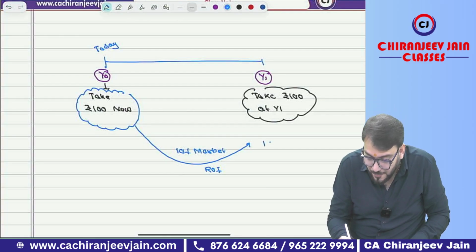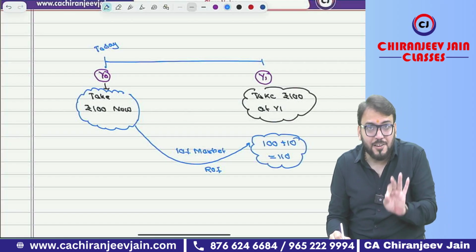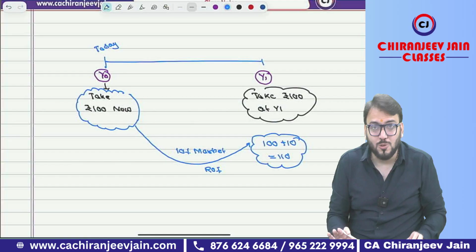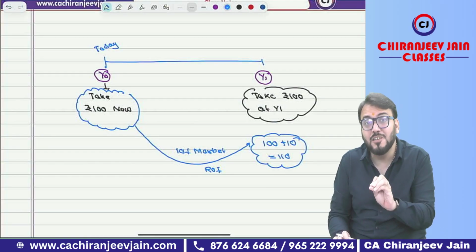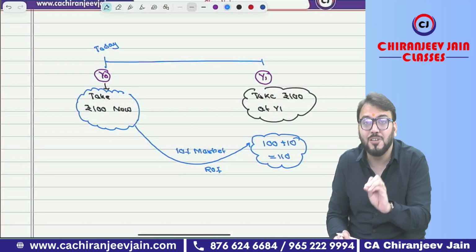So after 1 year the value will become 100 plus 10, that is 110. It means either you will demand 100 rupees right now, or you will say, sir, if you don't want to give me 100 rupees right now, give me 110 after 1 year, because the value of 100 will change from 100 to 110 after 1 year.